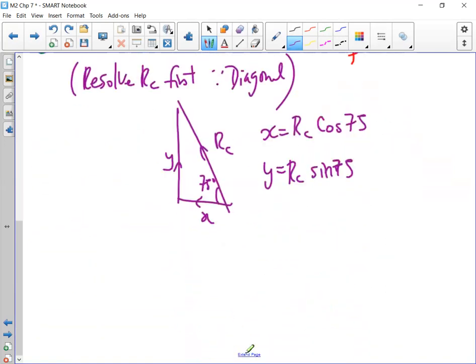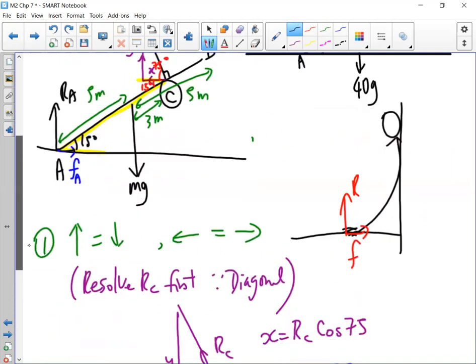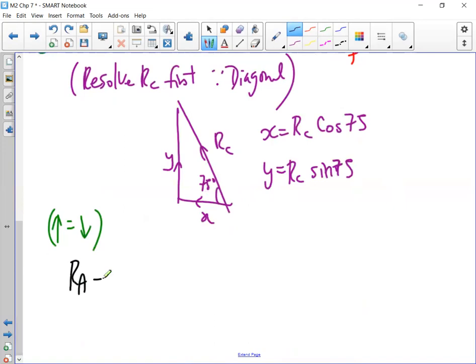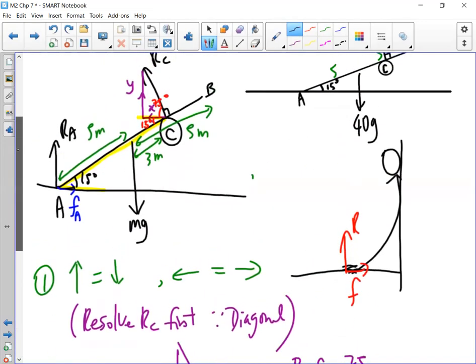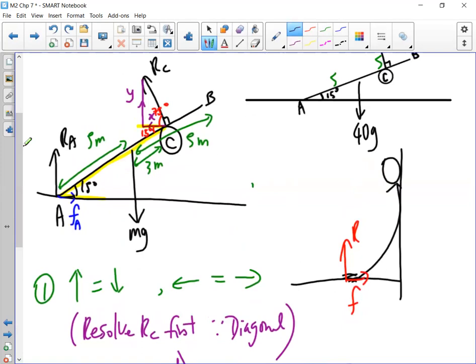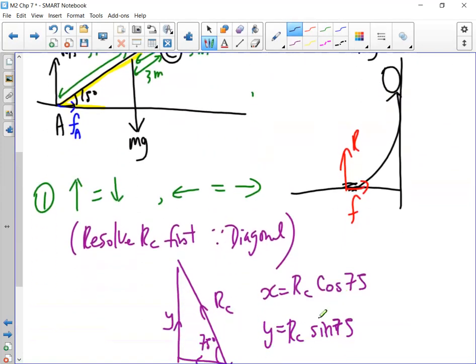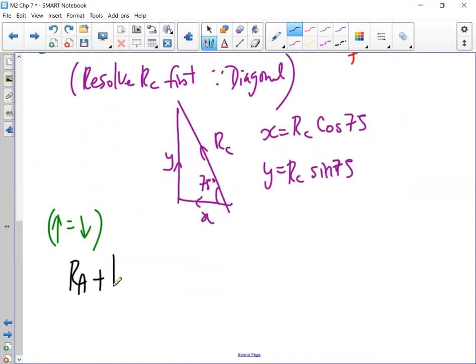So upwards equals downwards. The upward force is RA plus the Y component of RC, which is RC sin 75, equals the downward force, the mg.